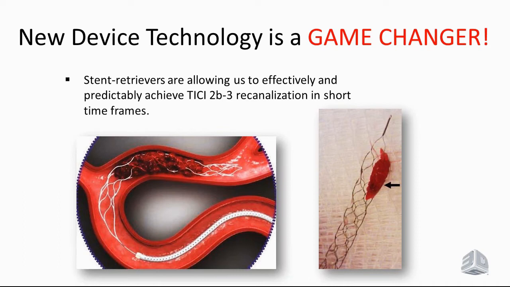And these devices are stents essentially mounted on a stylet, which are not meant to be deployed and left in the body. They are deployed across the thrombus, and as the thrombus engages this wire mesh through the cells of the stent, it becomes caught there, and then you withdraw it and can bring the clot out.